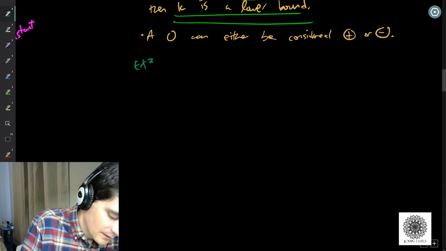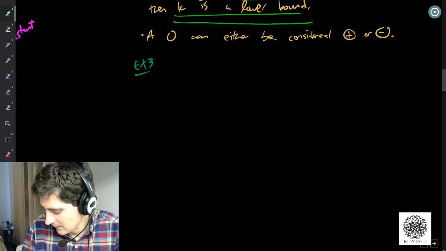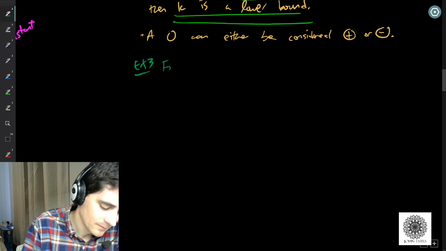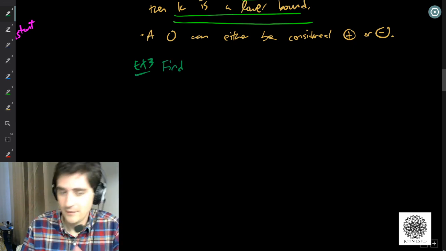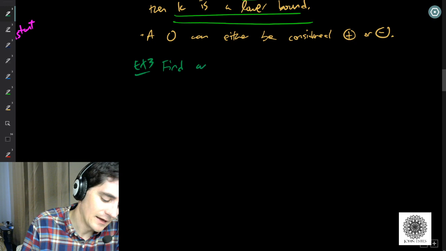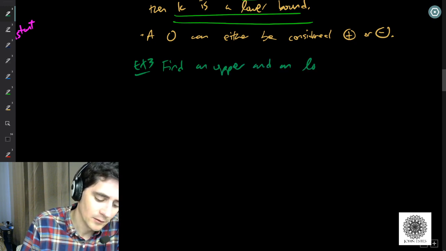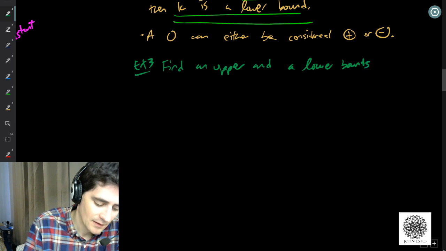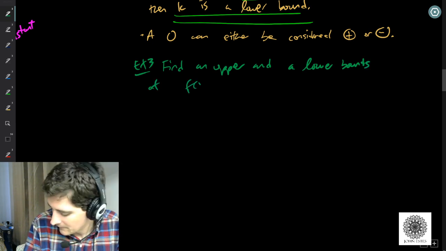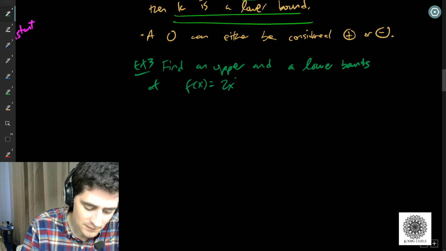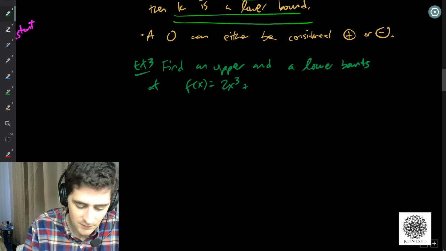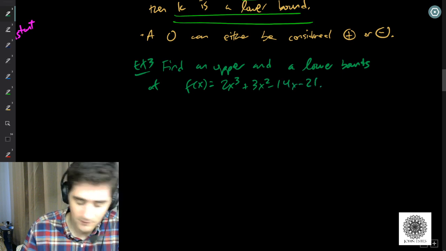Example 3. All right, so here we're going to find an upper and a lower bound, because there are a lot of upper and lower bounds, of f of x equals 2x cubed plus 3x squared minus 14x minus 21.